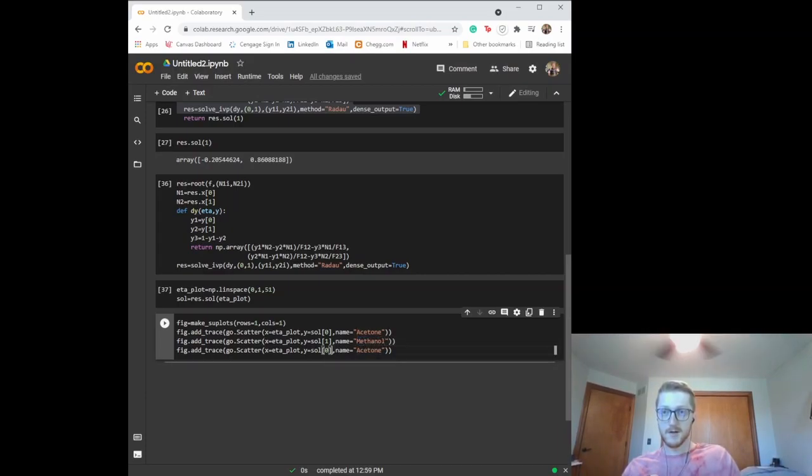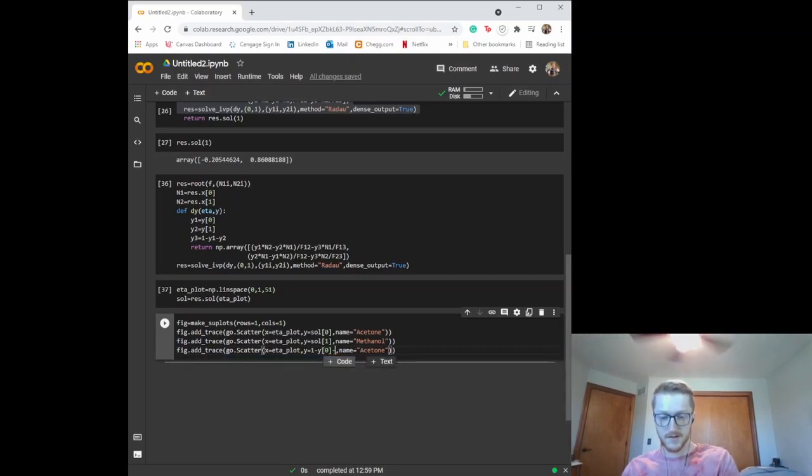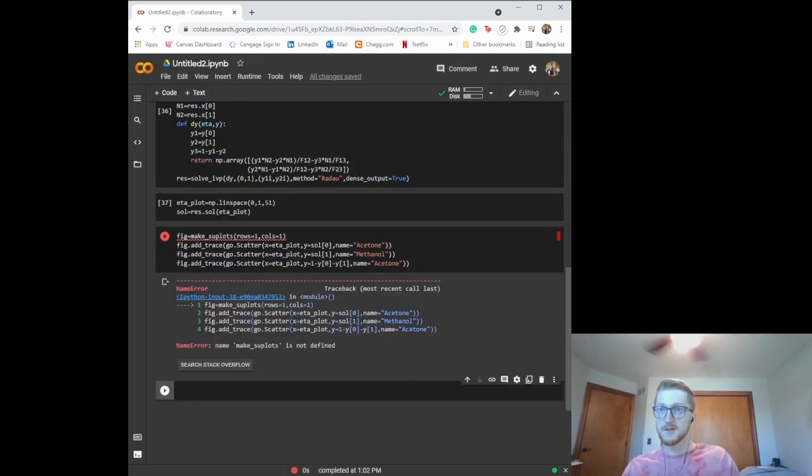And then instead of making a third variable, we can just use the definition of mole fractions and have 1 minus the mole fraction of acetone minus the mole fraction of methanol. And what this should allow us to do, crossing our fingers, probably help if I spelled things right.